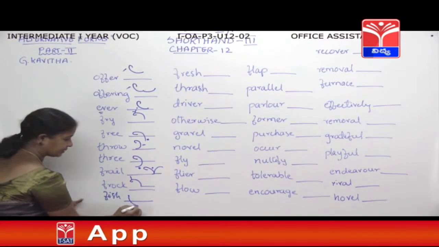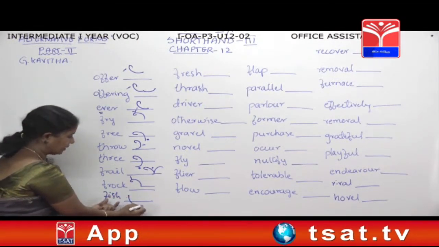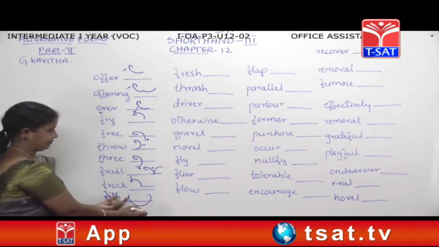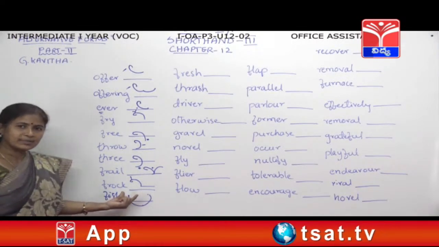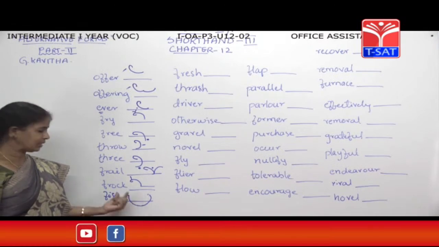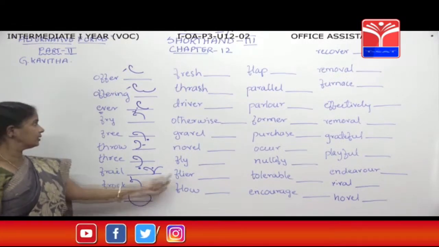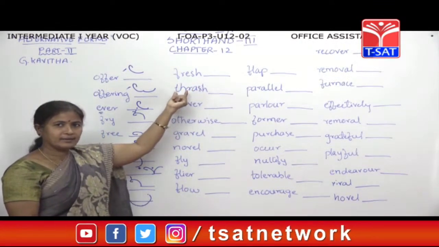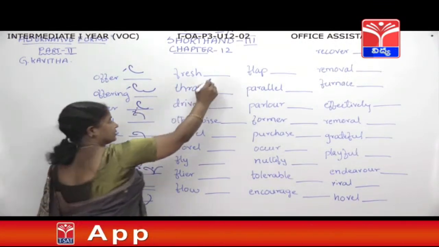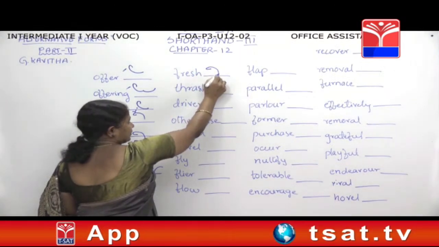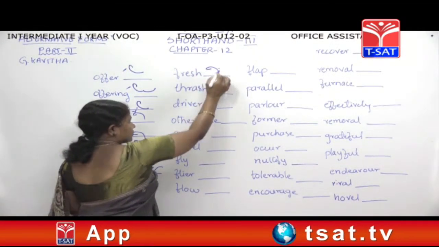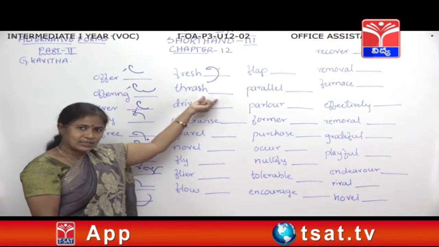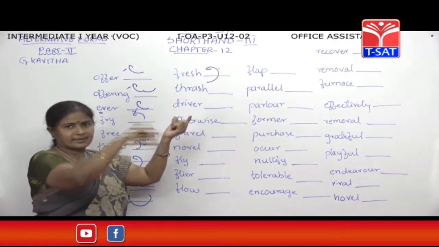F comes like this, and in this direction only ish goes above. The ish follows the direction of the curve. F ila veltundi kabatti ish kuda paiki veltundi. But fresh, daniki R undi kada. Ela rayali? Right fur and ish. So right form of fur rasam kabatti ish comes downwards. We don't write like this.